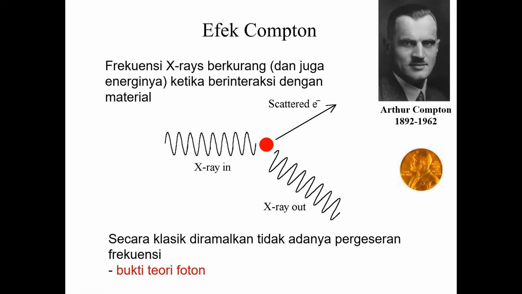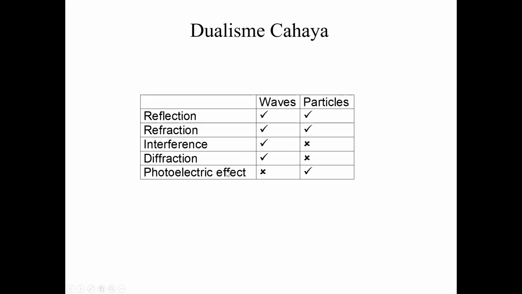So light at the beginning is an electromagnetic wave, but as the energy increases, we can consider it as a particle. So this is the conclusion about the dual properties of light.